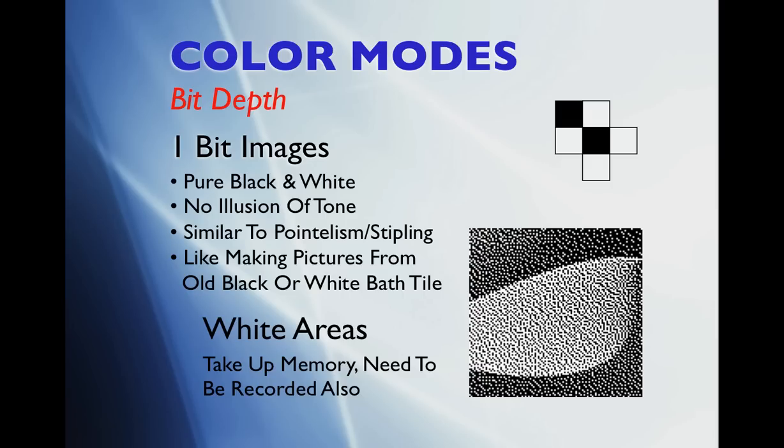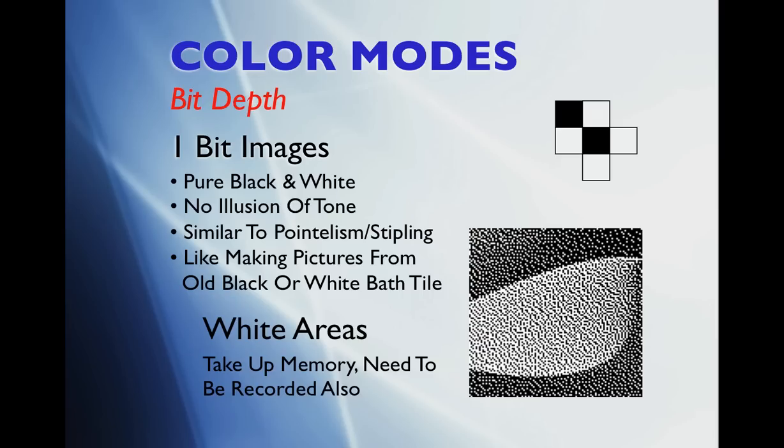Well, in my estimation, that's probably not well phrased, because everything in Photoshop is bitmapped. But the most simple kind of graphic is a 1-bit image. The pixels are all either pure black or white.